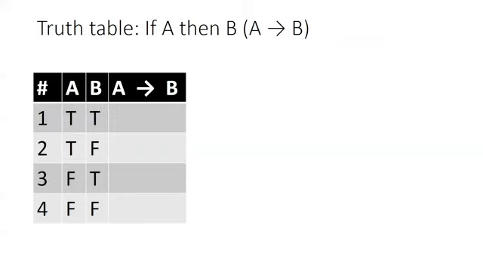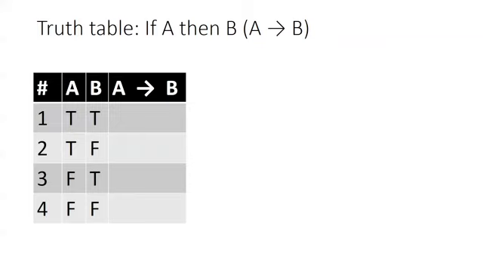We could say if B, then A. And if we said if B, then A, then B would be the antecedent and A would be the consequent, right? So whether it's the antecedent or consequent depends on the proposition's position in this logical relation with the other proposition. What we're saying here is that if A is true, then B will also be true.